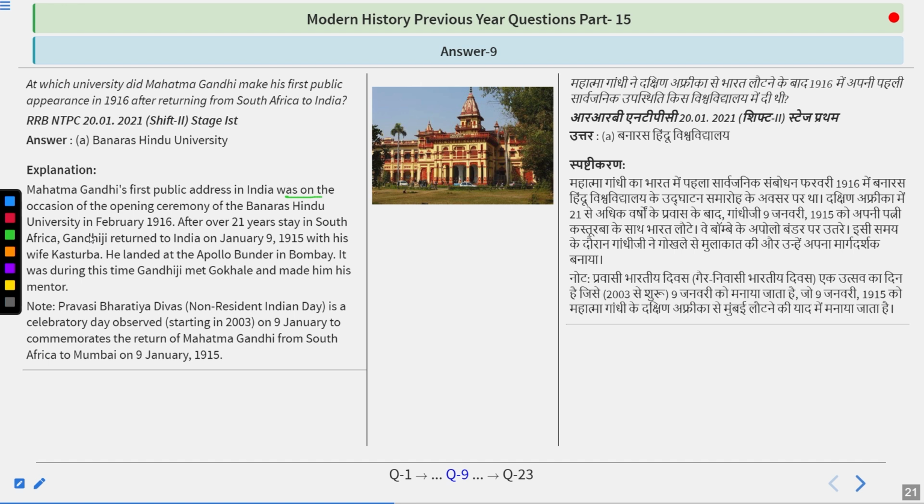Pravasi Bharatiya Divas, Non-Resident Indian Day, is celebrated every year starting in 2003 on 9 January to commemorate the return of Mahatma Gandhi from South Africa to Mumbai on 9 January 1915. Remember also that Banaras Hindu University was founded in 1916.